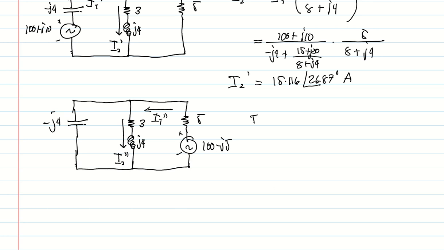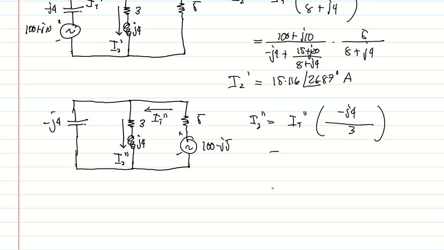To calculate again I2 double prime, this is just equal to the total current multiplied by a divider. This time, the numerator should be the opposite, negative j4. Then we add 3 plus j4 plus negative j4. So plus j4 minus j4 is 0, and we have just 3.